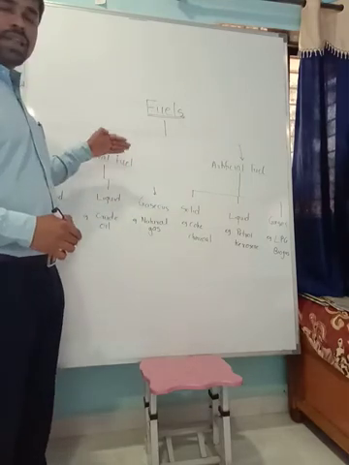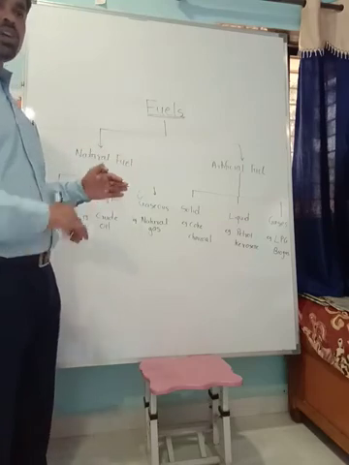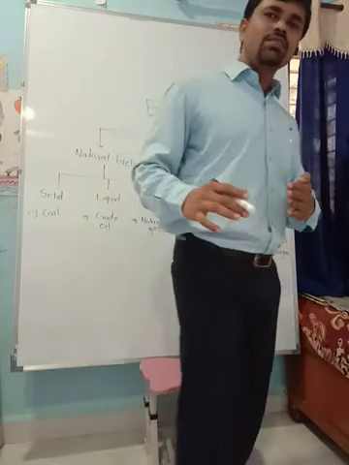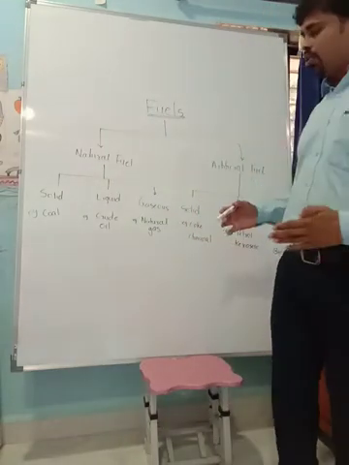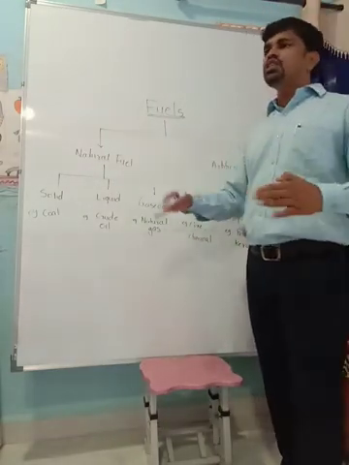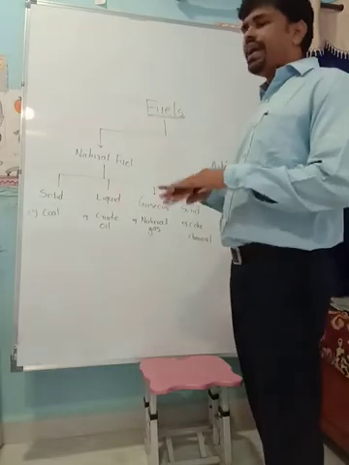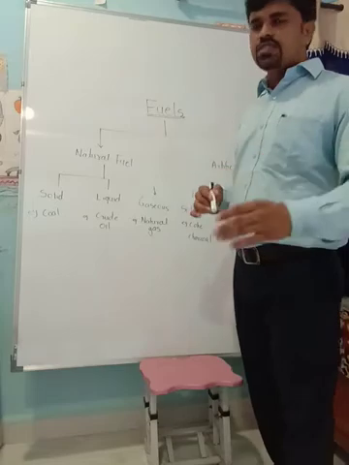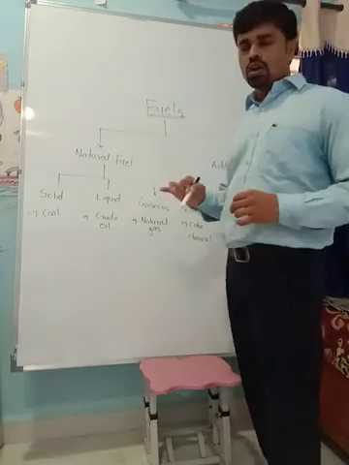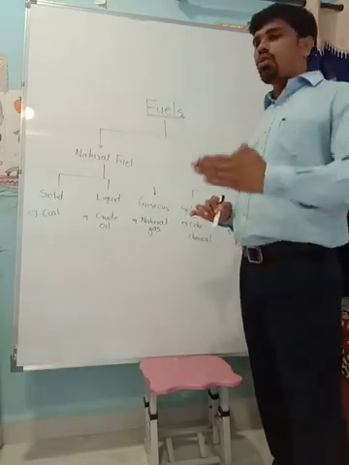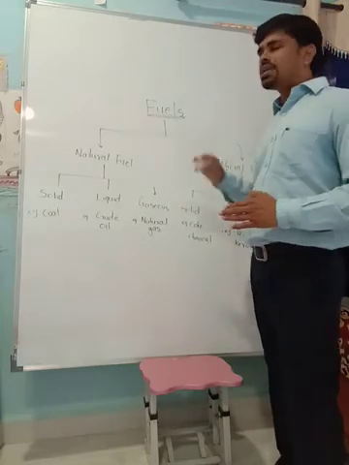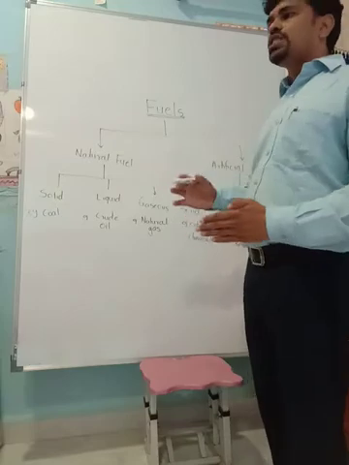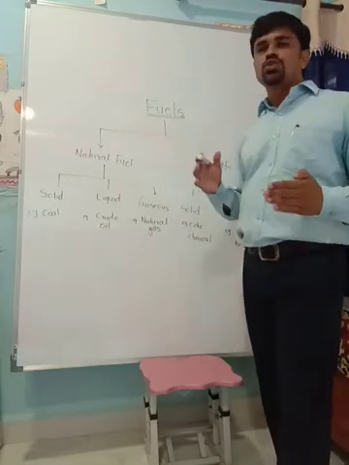Metallurgical processes deal with the extraction of metal from the ore, and a large amount of energy is required to separate the metal from its ore. For example, iron is extracted from hematite ore, and a large amount of energy, near about 2000 degrees centigrade of heat energy, is required to separate the iron from its ore.